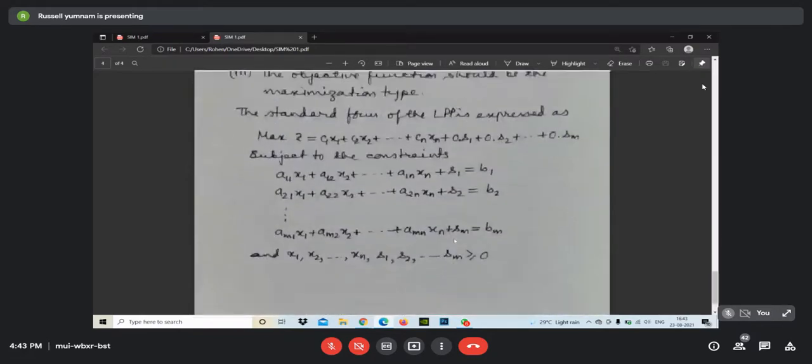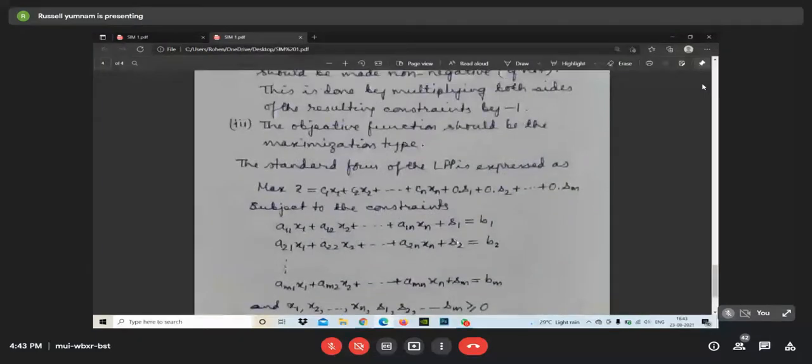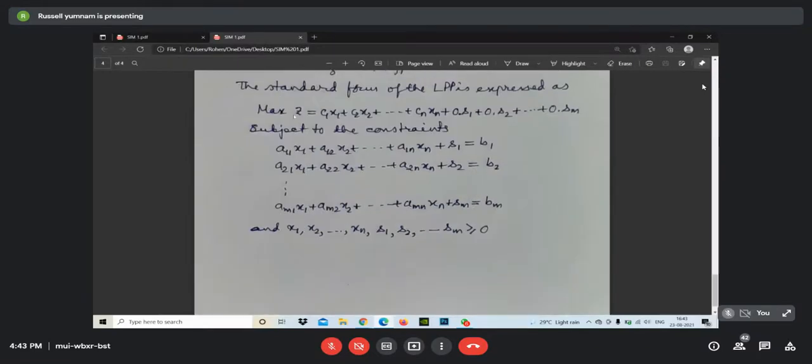Now see, suppose an equation is like that, then the standard form will be like this. Maximize z, this is the objective function. Originally we have only the variables x1, x2 up to xn. In order to make it the standard form, we require the slack variables s1, s2, up to sm.